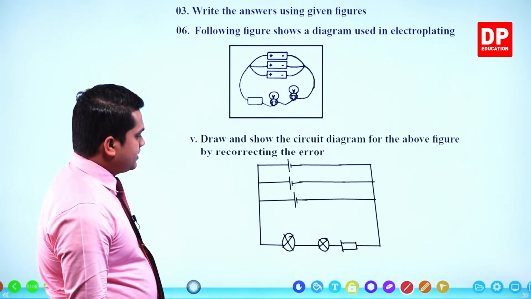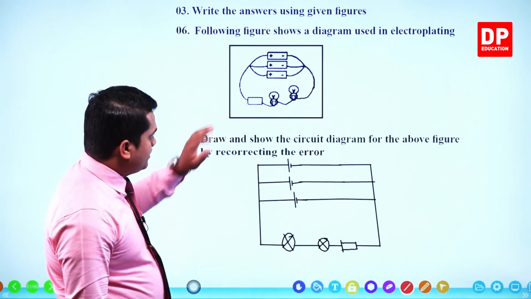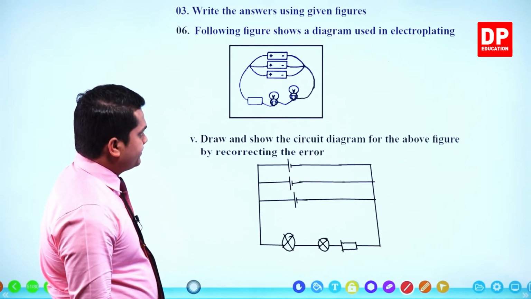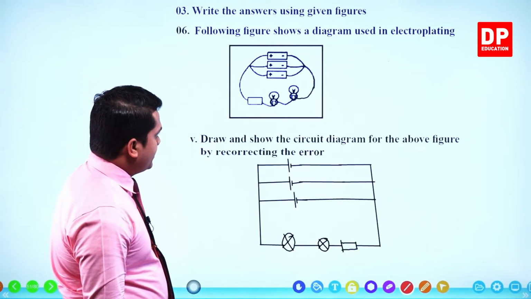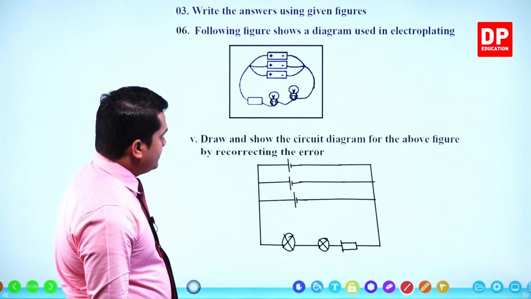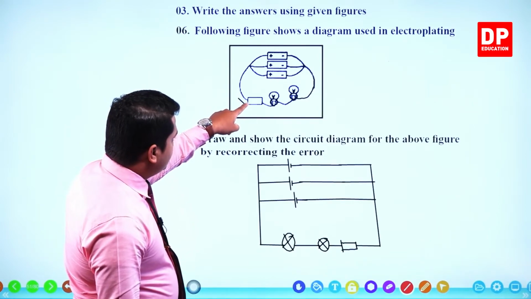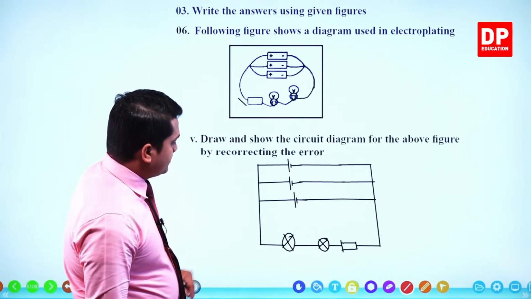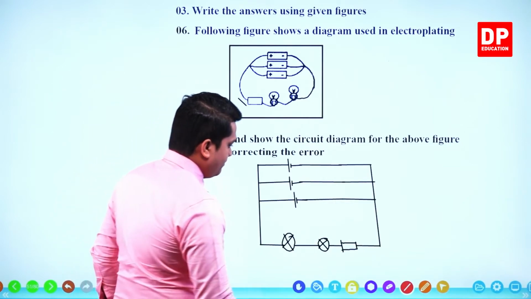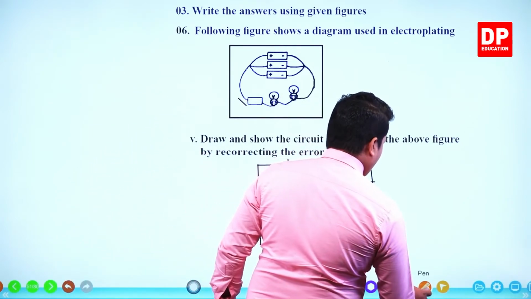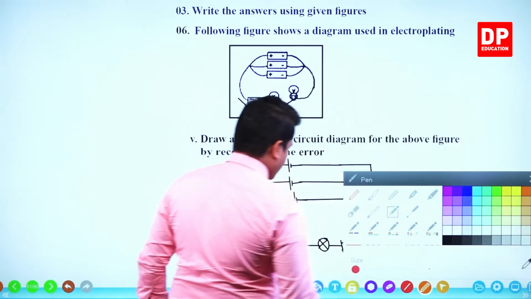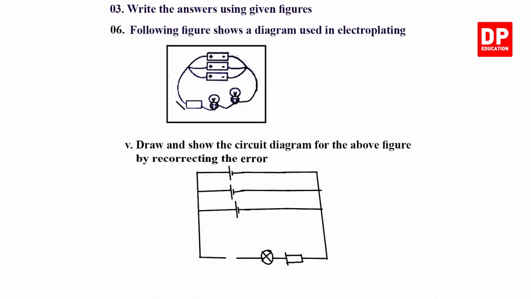So this is the circuit diagram for the given diagram here, right? All the positives together and all the negatives together. Here you can see that the resistor is connected to the positive terminal, so we'll draw it that way, my dear children. Here we'll erase this part and draw the resistor over here.